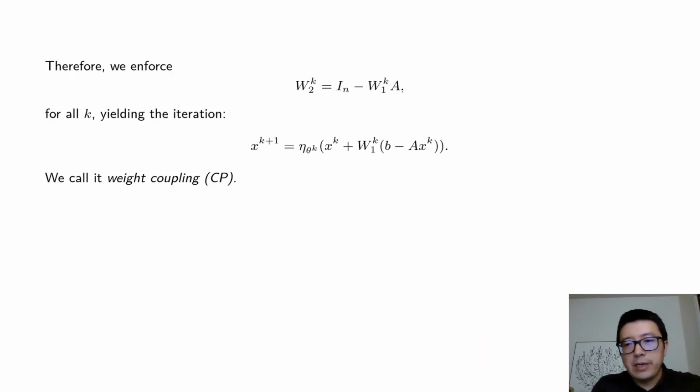That is, we learn W1k and then set W2k according to this formula, which is motivated by the limit on the last slide. This yields this new iteration where W1k and theta k are the parameters to learn. We have eliminated W2k by this equation.